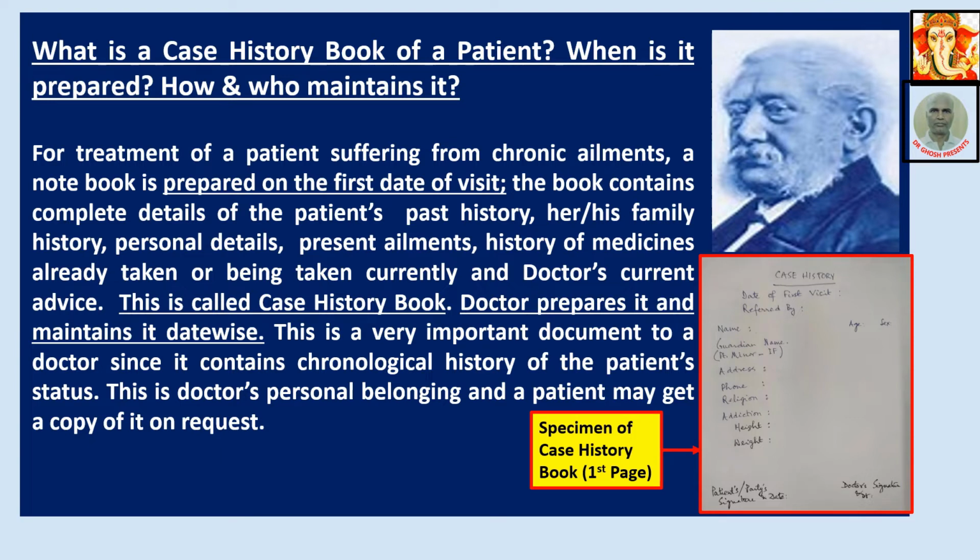This is called case history book. Doctor prepares it and maintains it date-wise. This is a very important document to a doctor since it contains chronological history of the patient's status. This is doctor's personal belonging and a patient may get a copy of it on request.